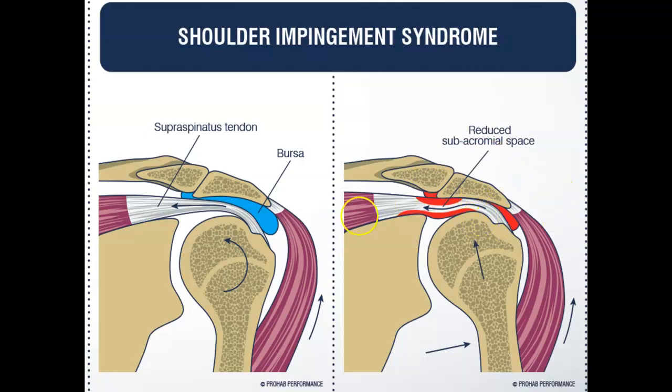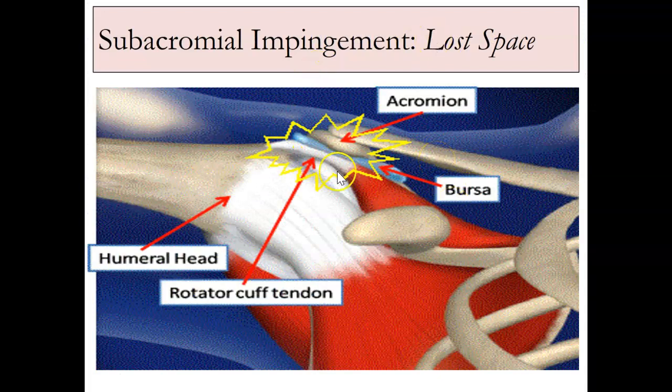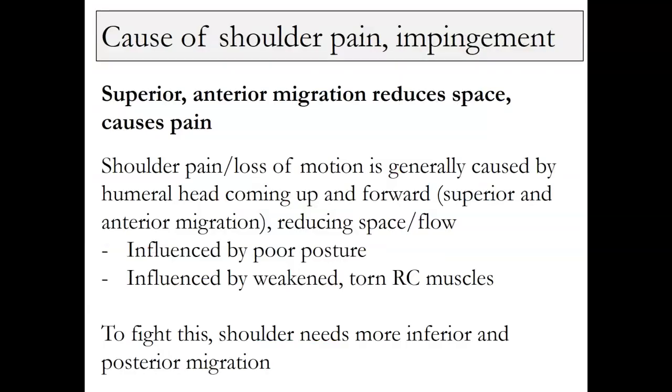Nine times out of 10, it's the supraspinatus, and nine times out of 10 it's because of this pushing, this lack of space. Here's the space again. See how it pushes up into the bursa. The humeral head is pushing in there, causing irritation, rotator cuff tendon pain, compromise, tearing, fraying, all these awful issues. Cause of shoulder pain impingement.